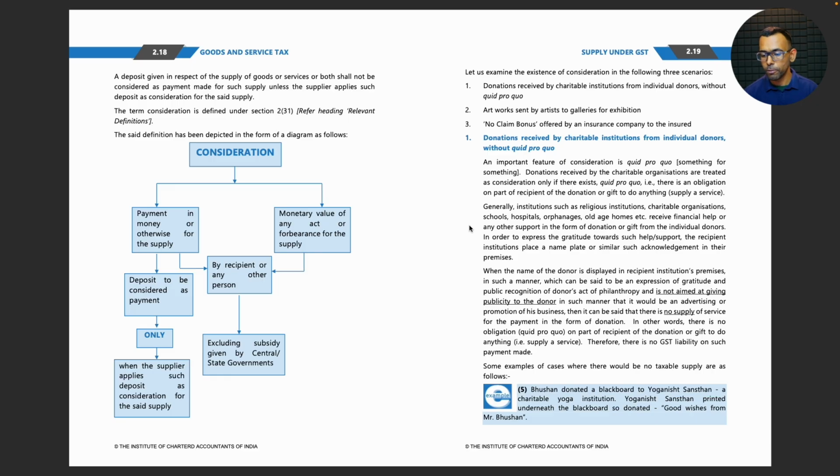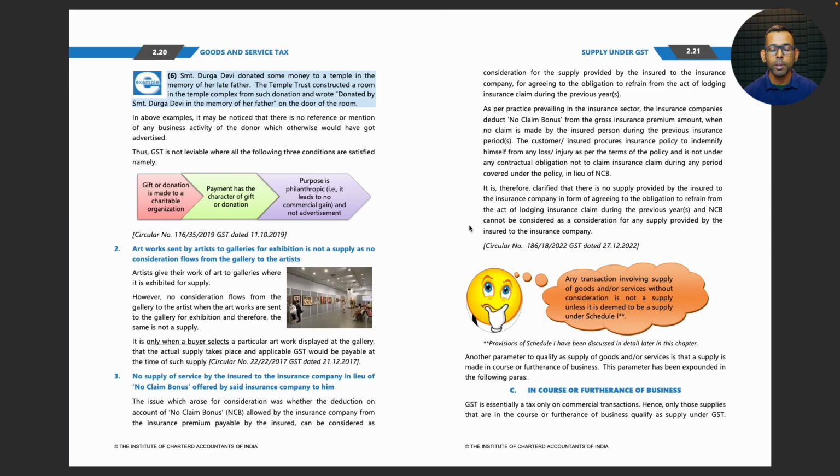Some examples of cases where there would be no taxable supply are as follows. Bhushan donated a blackboard to Yoganist Sansthan, a charitable yoga institution. Yoganist Sansthan printed underneath the blackboard so donated, good wishes from Mr. Bhushan. Srimati Durga Devi donated some money to a temple in the memory of her late father.